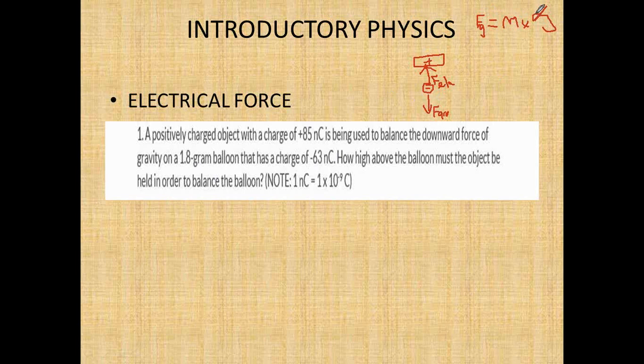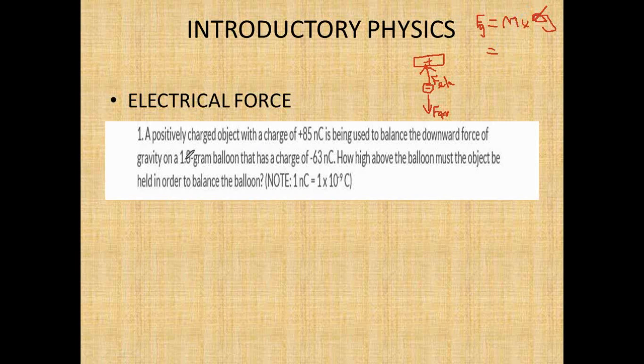This is a small g, don't worry about it. So the force of gravity is equal to the mass times the acceleration due to gravity. The mass of the balloon, now they gave you the mass in grams. We know that our mass should be in kilograms. In SI units, when you're doing force, your mass has to be in kilograms.